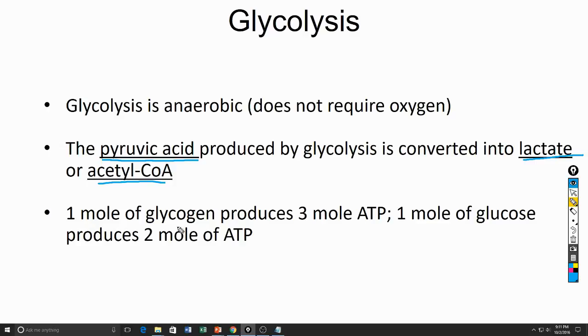And glycogen, once again, the stored form, nets us 3 ATP, whereas glucose gives us 2 ATP. All right, so there's a bit of an advantage to breaking down glycogen, and we'll see a bit more about that. But I just wanted to preface all that.